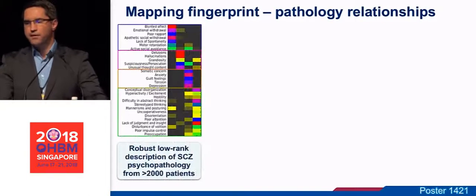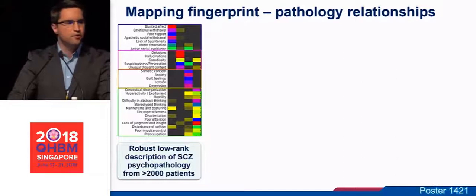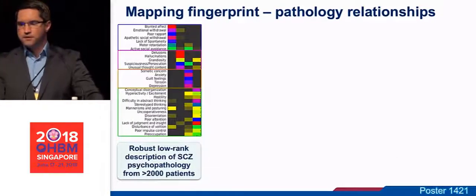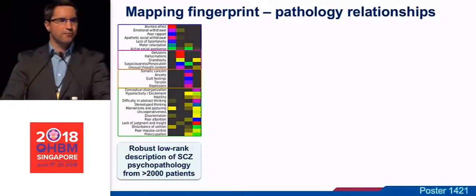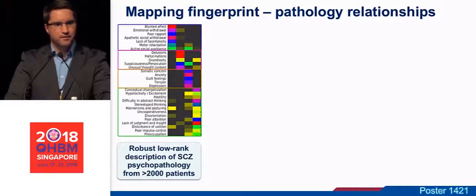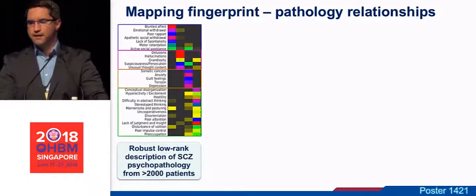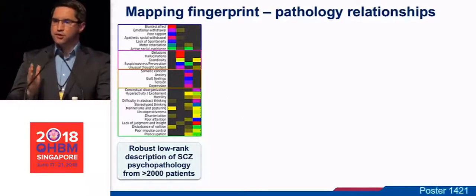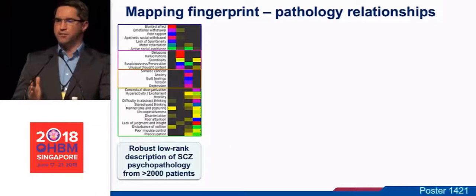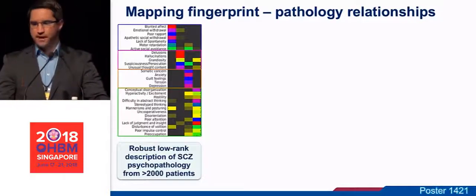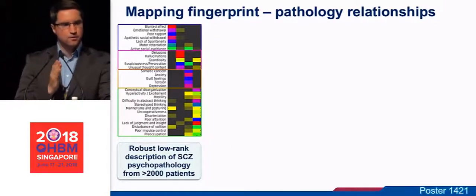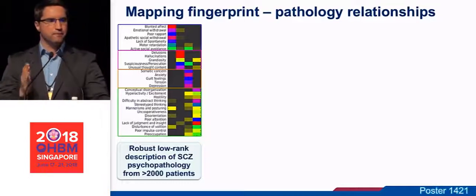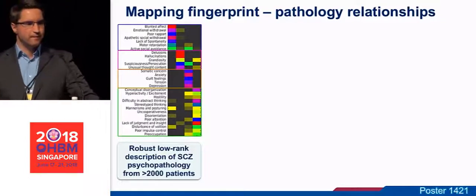by applying non-negative matrix factorization to psychopathological data. What you see here, and I'm sorry if you can't read that in the back, and I will explain it to you, is a cross-validated low-rank description of psychopathology in about 2,000 subjects that shows that you can represent psychopathology with 4 major factors. There is a cognitive, an affective, a psychotic, and a negative factor.